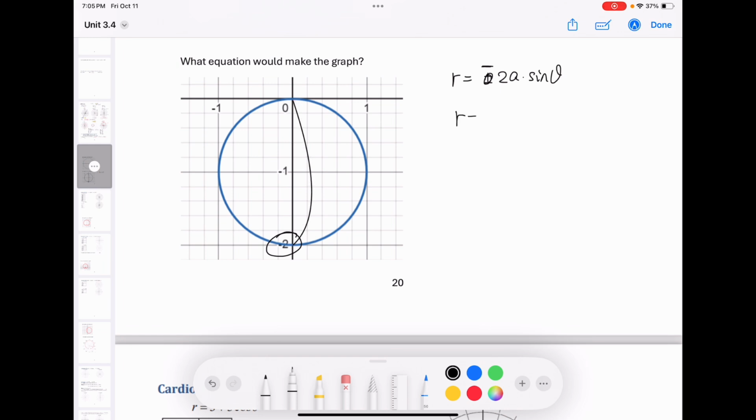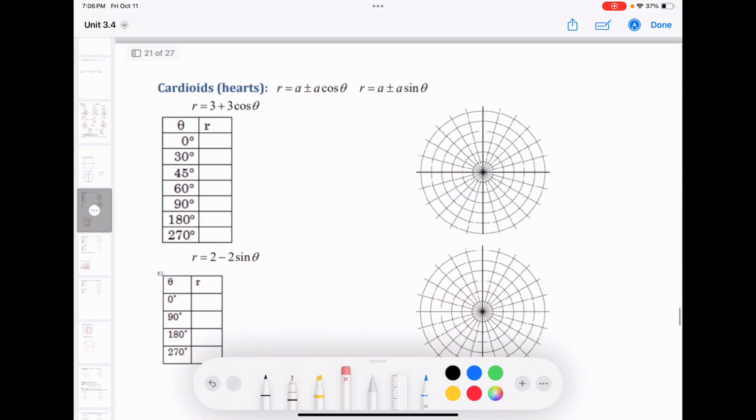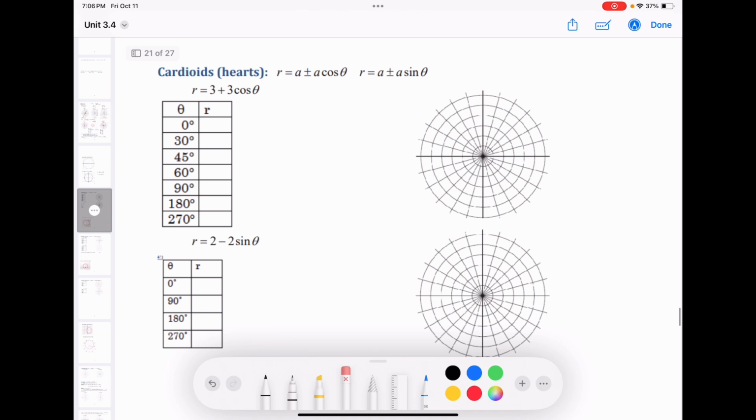So r equals negative 2 times sine theta. It doesn't matter that it is negative 2 here, because the negative means the graph is placed on the rectangular coordinate system. All right, let's see the cardioids, or heart shape.